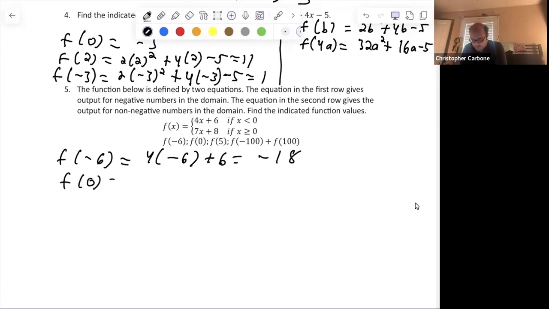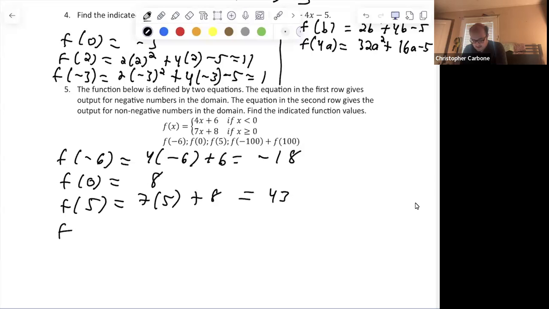F of 0, which will be the bottom equation, will just be 8. F of 5, 7 times 5 plus 8. So 35 plus 8 is going to be 43.